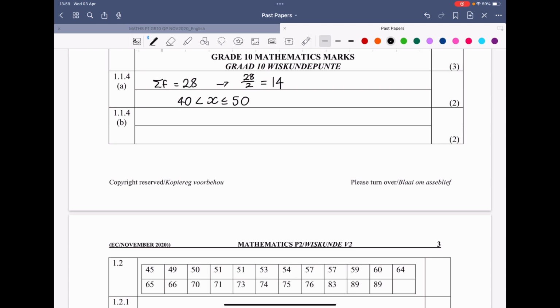And then for part B, I'm asked where does the 80th percentile lie? Now for the 80th percentile, again, I'm going to use the sum of the frequencies. That was 28. The 80th percentile just means that I want 0.8 times 28, or 80% times 28.